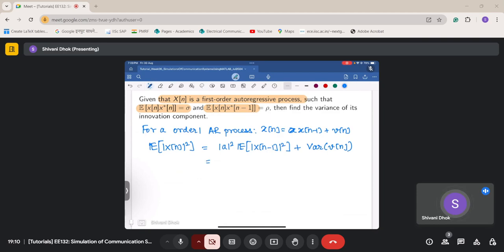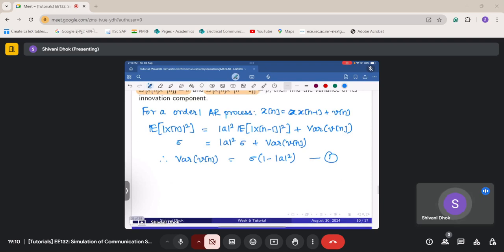Let's say this is given to us as sigma, then we have mod a square into sigma plus variance of v of n. Therefore variance of v of n comes out to be equal to sigma into 1 minus magnitude of a square. So this is the first thing that we have here.